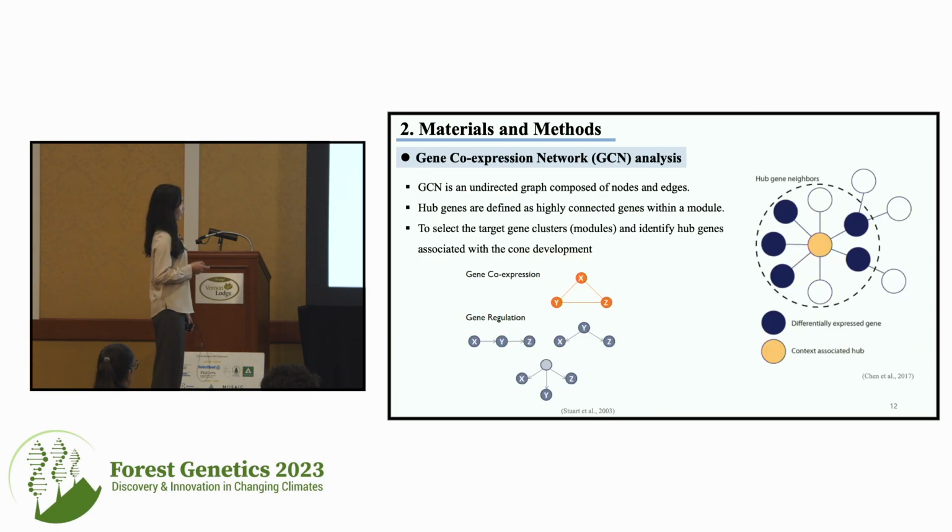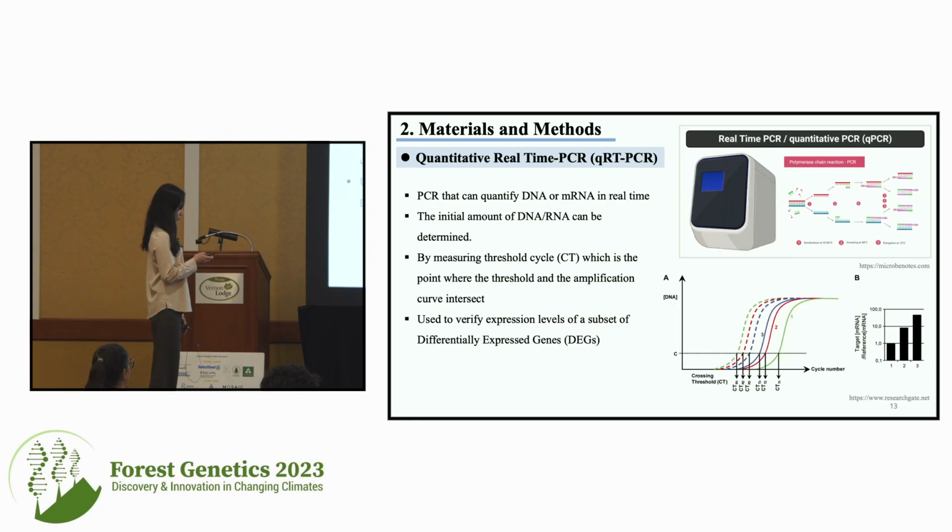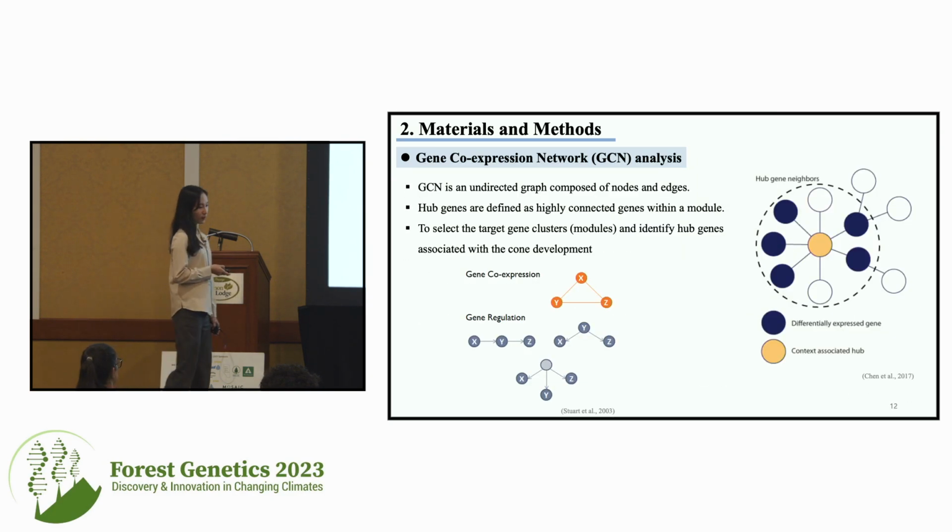Gene co-expression network analysis uses an undirected graph composed of nodes and edges. Here, in this figure, each node corresponds to a gene, and a pair of nodes is connected with an edge if there is a co-expression relationship between them.